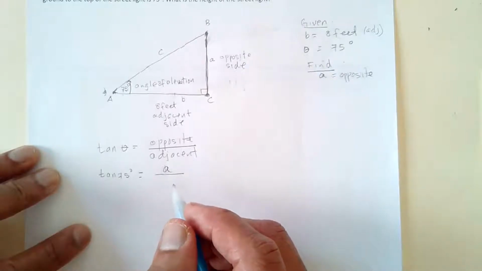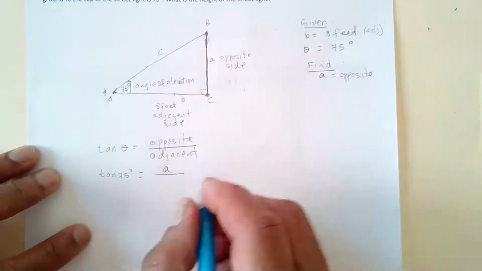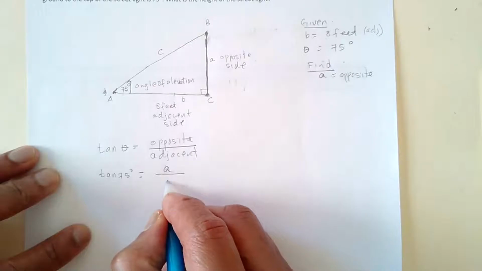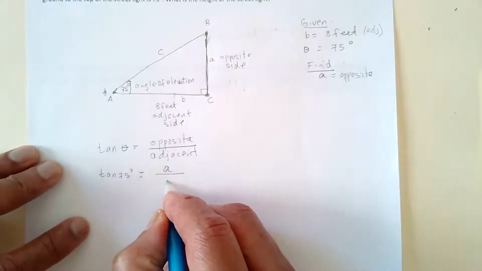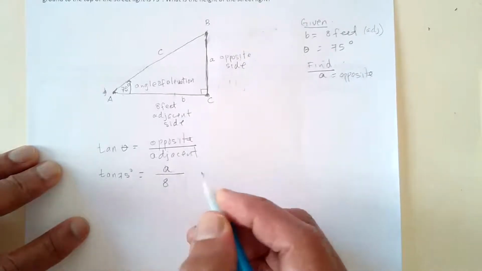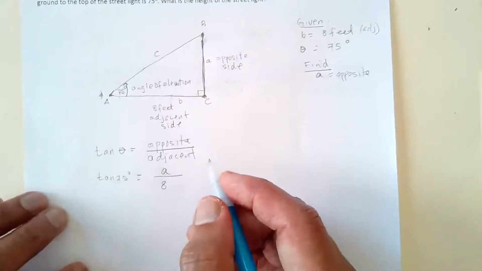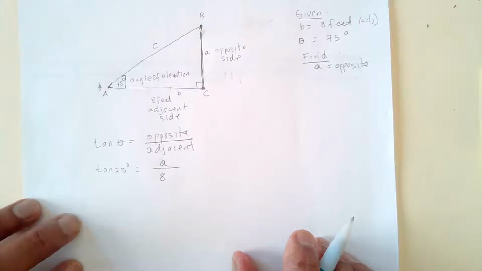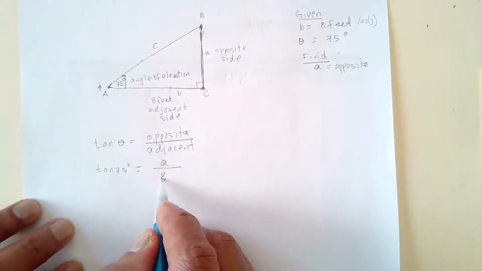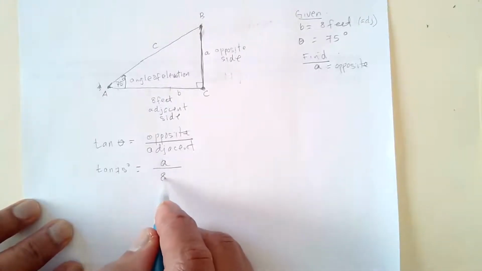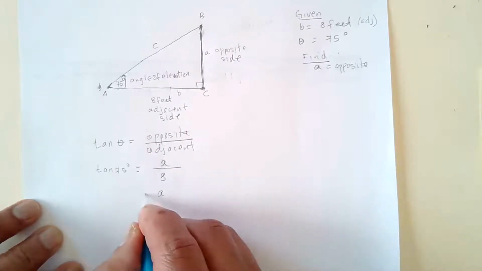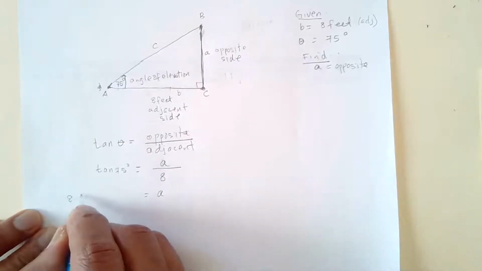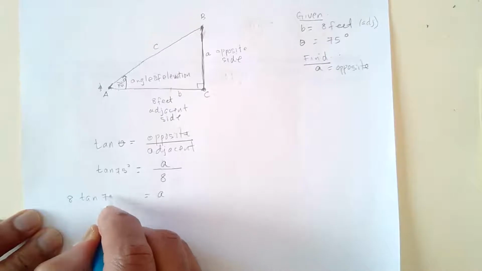So opposite over adjacent, so our adjacent is equal to 8 feet. So I need to find A. To find A, I multiply tan 75 degrees by 8. So A is equal to 8 tan 75 degrees.